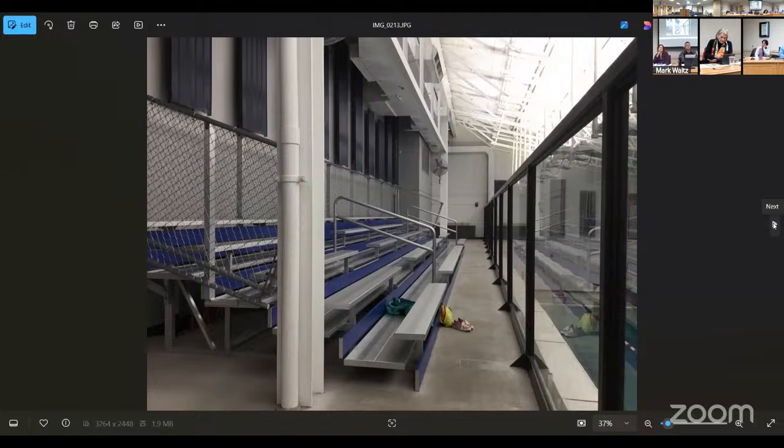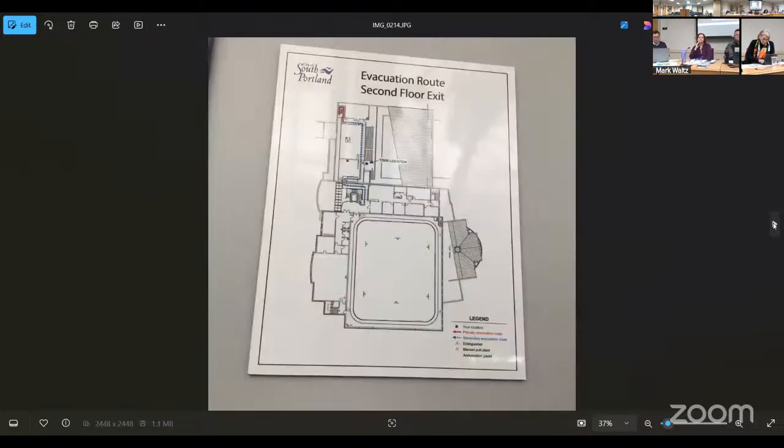So this is the seating, I think you saw already a portion of that from one side. Pool seating. I always look at the emergency egress maps because it gives you a floor plan, so it's always interesting to see where the track is above the gym itself and access to it. There's that stair right in the center.